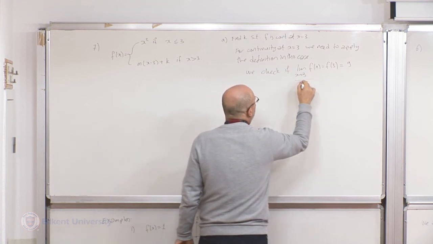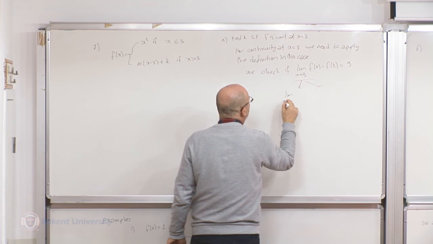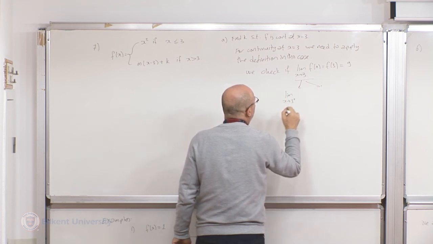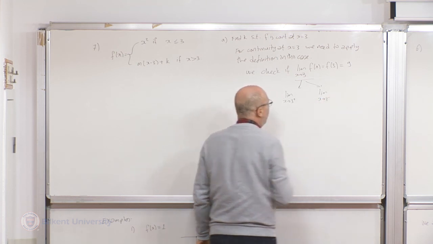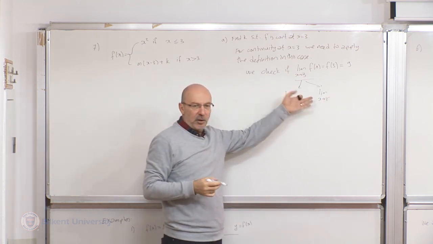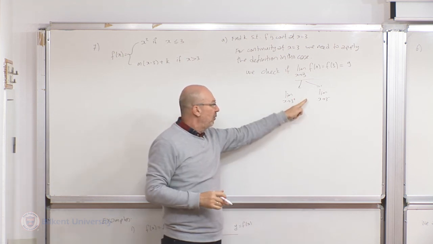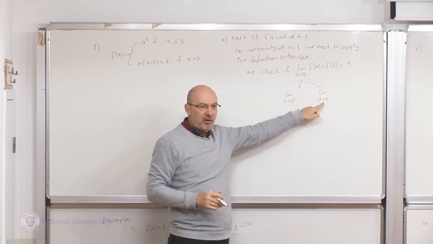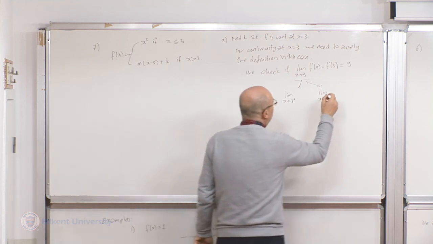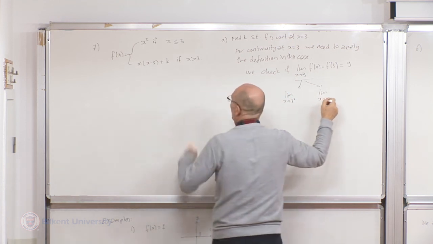But this limit is equal to two limits: the limit as x goes to 3 from the right and the limit as x goes to 3 from the left. I do this. Normally, you don't do such things. If there's one big formula, you just check. On the right-hand side, I have a different formula. On the left-hand side, I have a different formula. But here, this is easy. So let me do this one on the left.